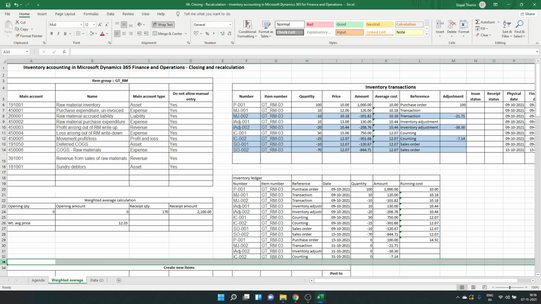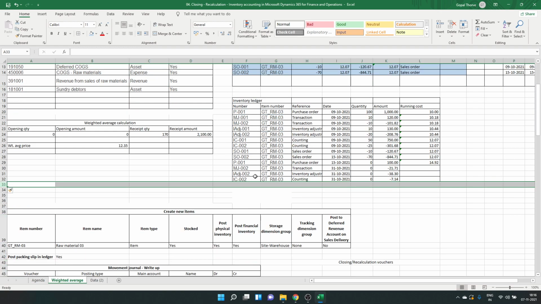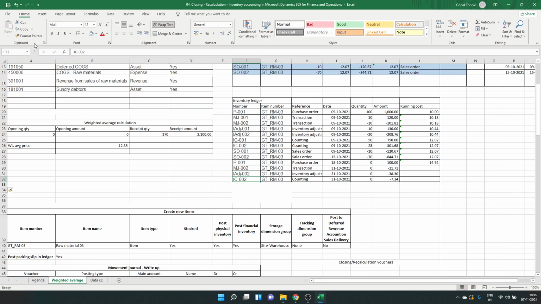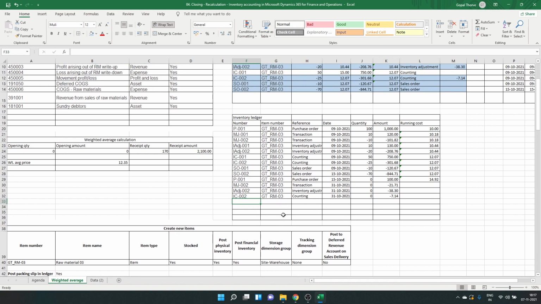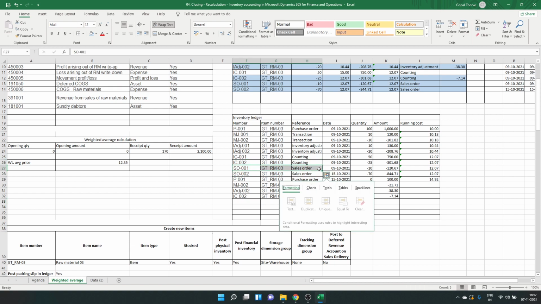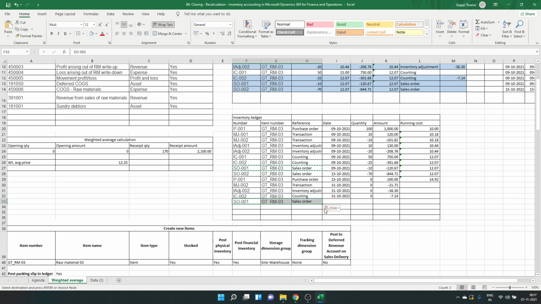Now let's work with sales transactions also. Let me just put some more ledger transactions here. Okay, so now I have a sales transaction where my COGS is recognized with the real-time running average cost, and I want to adjust it.